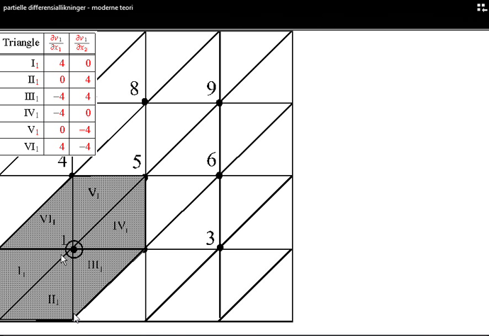So that means that the function is increasing in this direction, and we get that the partial derivative is 4. Doing the same in all the other triangles, we obtain the rest of the table. So it's rather easy to fill it out.